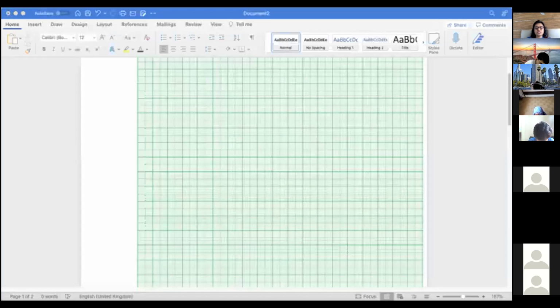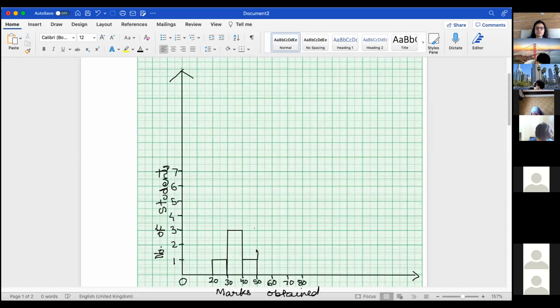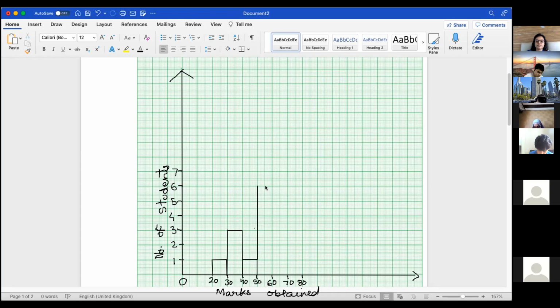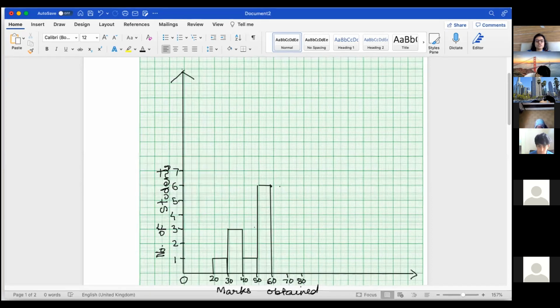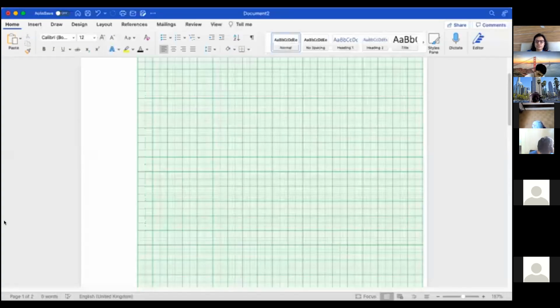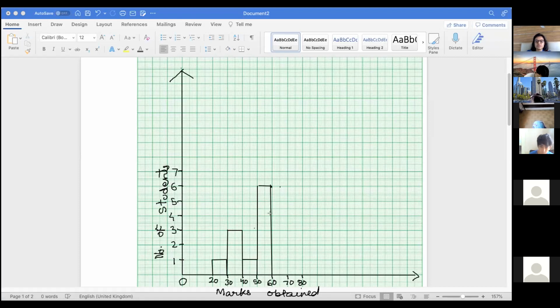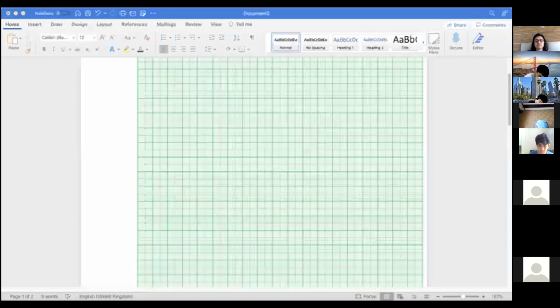50 to 60 is 6, and 60 to 70 is 4. 70 to 80 is 5.